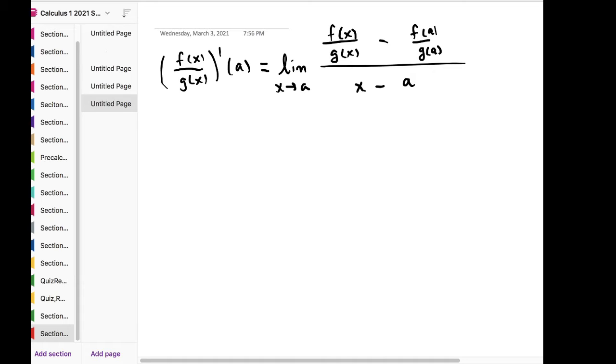So, okay, how do we simplify this limit? Common denominator. What is the common denominator? Yes, g of x, g of a. Okay, so what's the result?